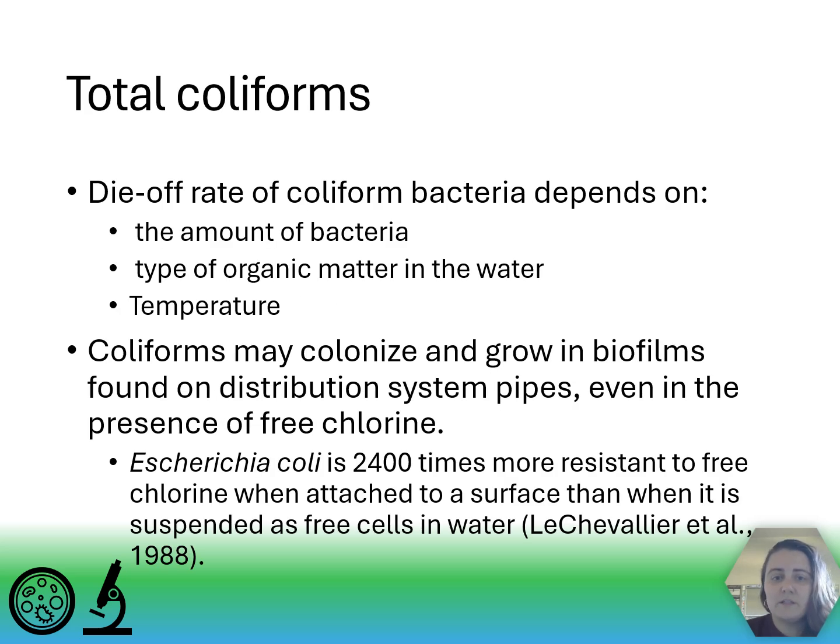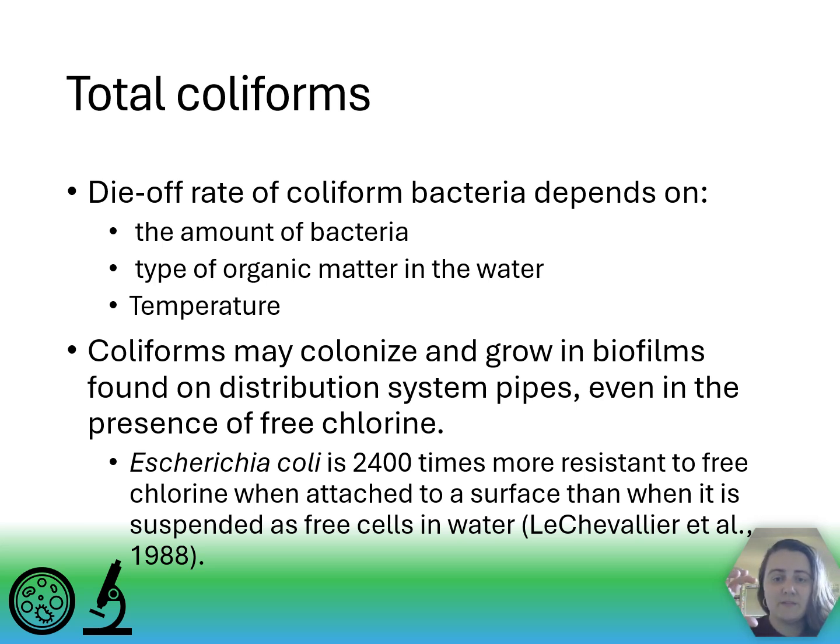Okay, so let's talk a little bit about coliforms. So total coliforms, remember, is that big group, right? Their die-off rate of that particular bacteria depends on the amount of bacteria present, the type of organic matter that's in the water, and the temperature. So if they have the organic matter that they want and the temperature that they want, they're going to grow quite well. So one thing that's important when it comes to total coliforms is that we don't want them in our drinking water.